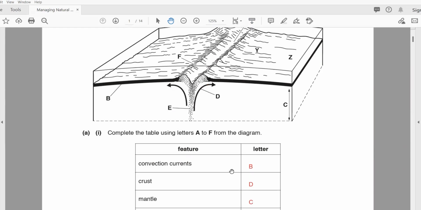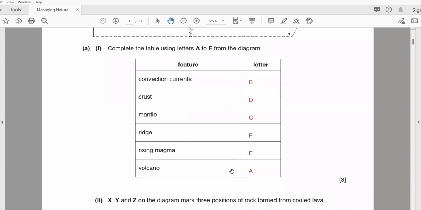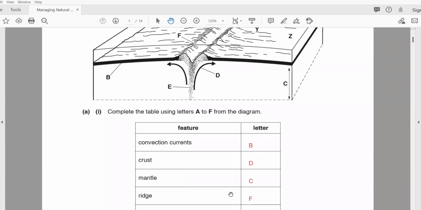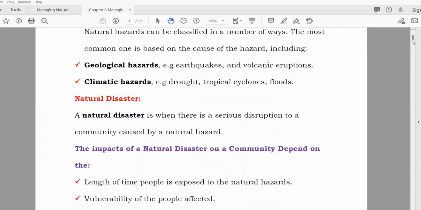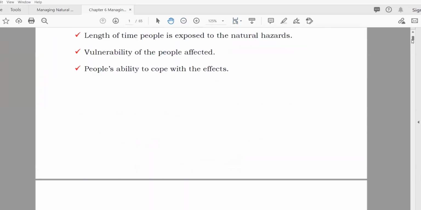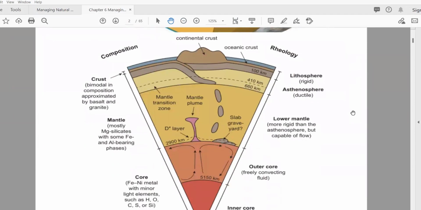I have to just show you the previous lesson so it will be better. See this part.